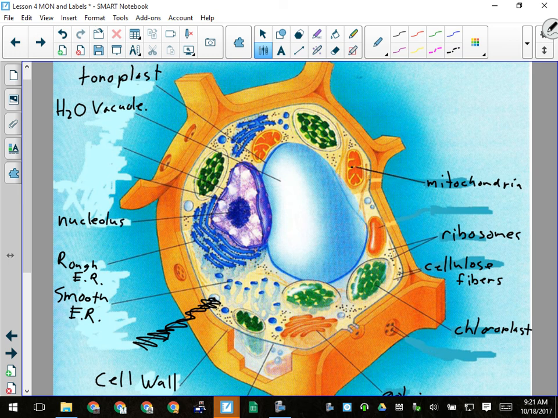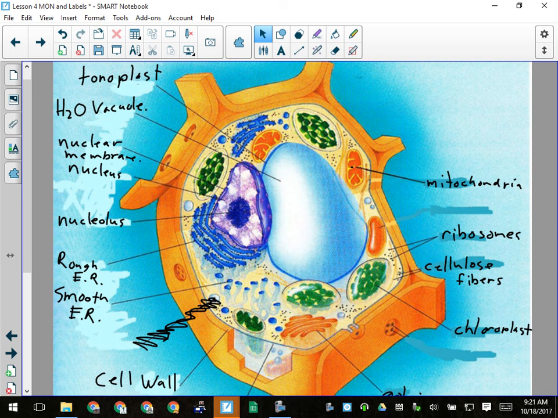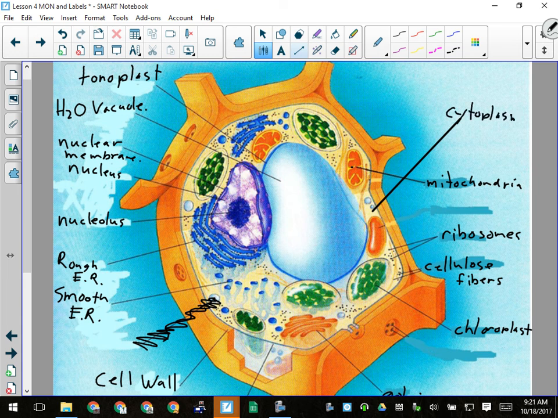And then this one here is the nucleus, and then the nuclear membrane. We don't have a line for cytoplasm, so we'll just quickly make one. It's basically exactly the same because it is essentially just water.